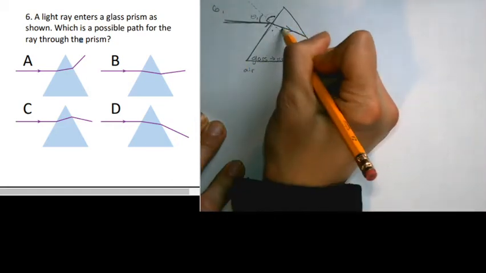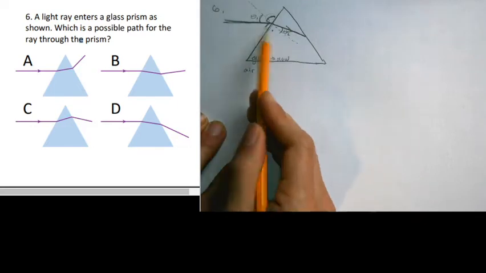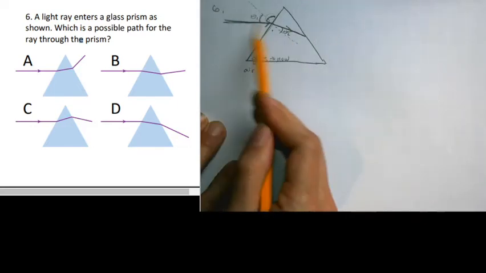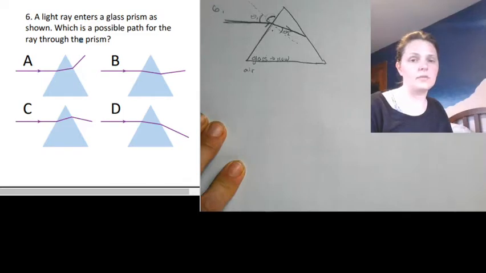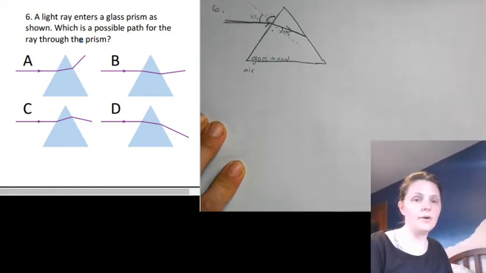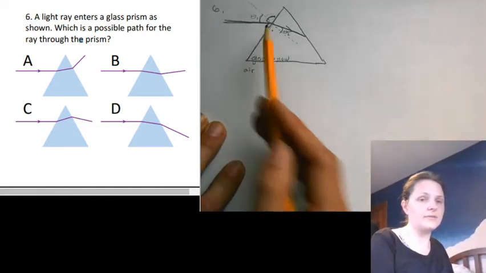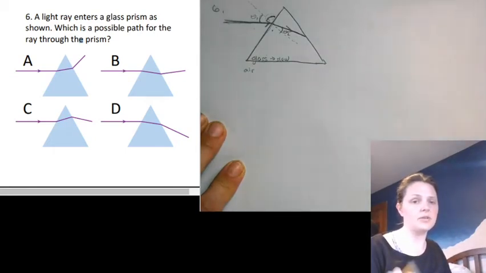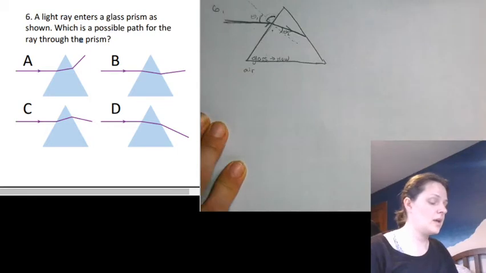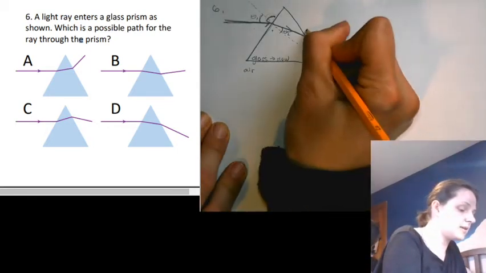And sure enough, theta 2 is that one. So theta 1 is bigger than theta 2, and that is another ray bending toward the normal. But people generally have a hard time seeing that because it's at this tilted angle. Okay, so that's what it does in the first one. So we can immediately cross off A and C as not being correct, but we don't yet know B or D. So now I'll use my lawnmower example.